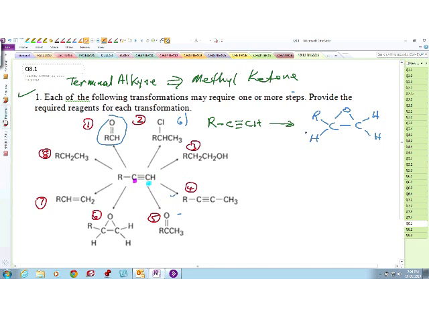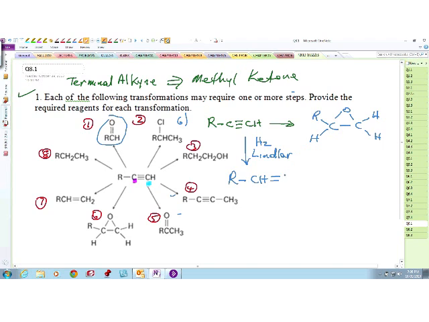Exactly, from a carbon-carbon double bond. So what that tells you is you need to make an alkene first. By now you know how to make the alkene. I will use Lindlar in this case. Or you could use lithium in ammonia, or sodium in ammonia. You form your carbon-carbon double bond.